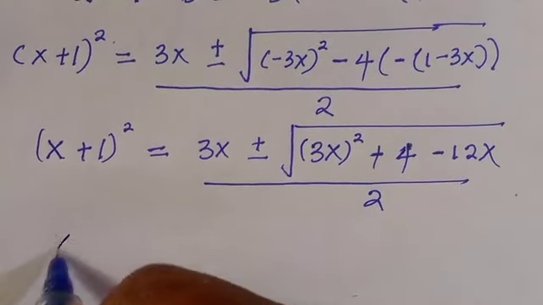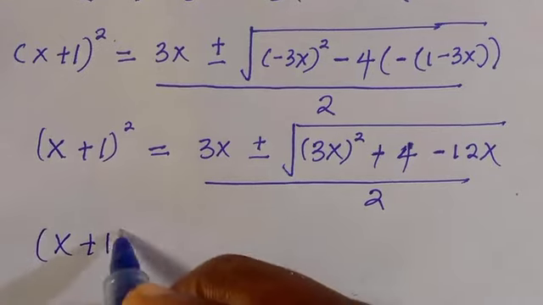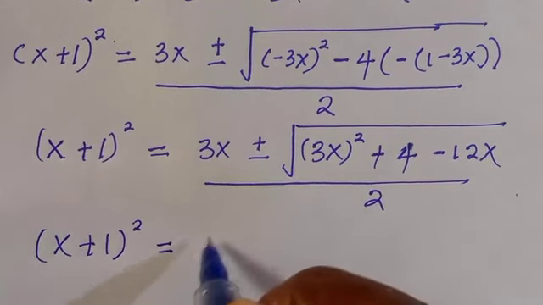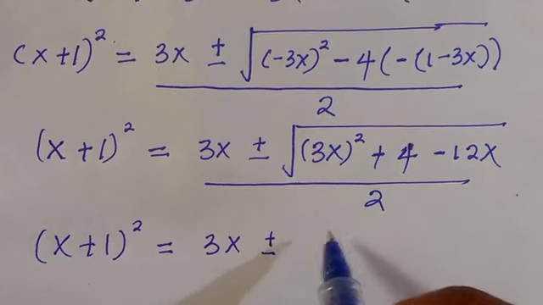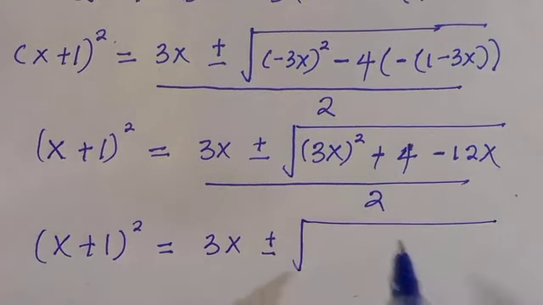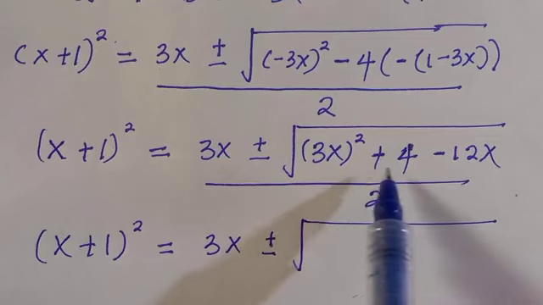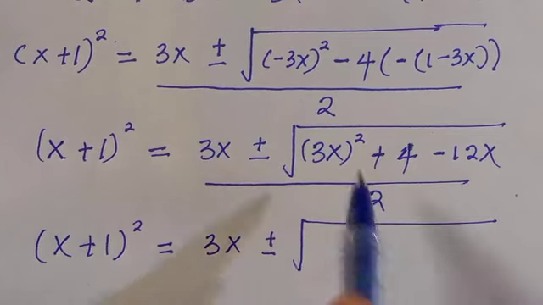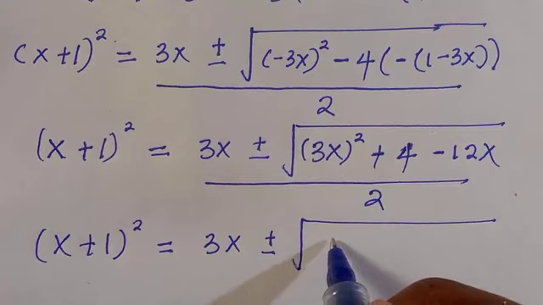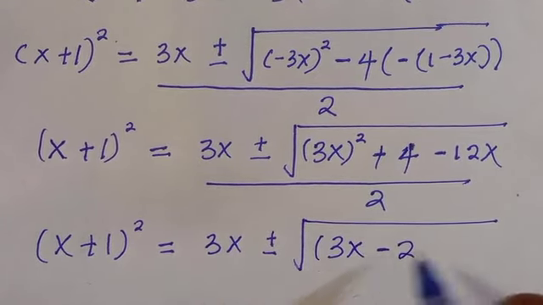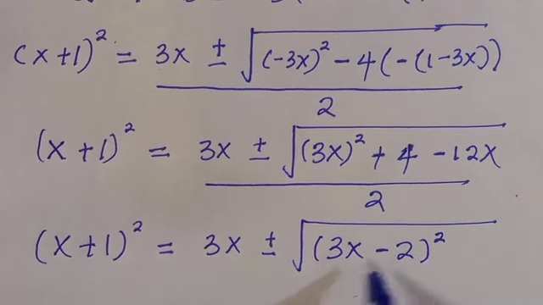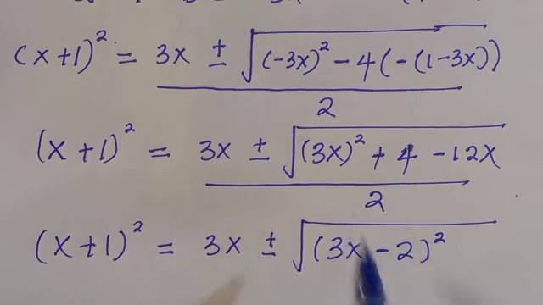Again, we have (x+1)^2 equals 3x plus or minus the square root of the whole of this thing, which when we factorize it, we are going to have (3x-2)^2. That's what we are going to have when we factorize this.